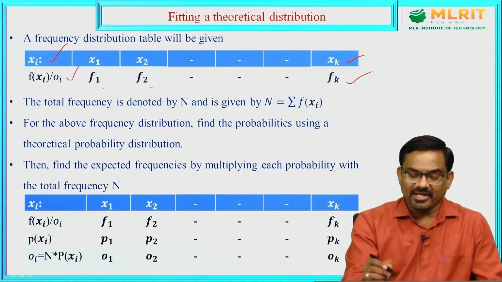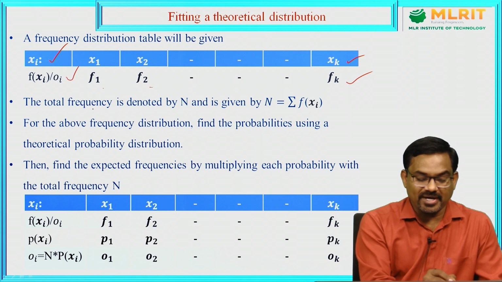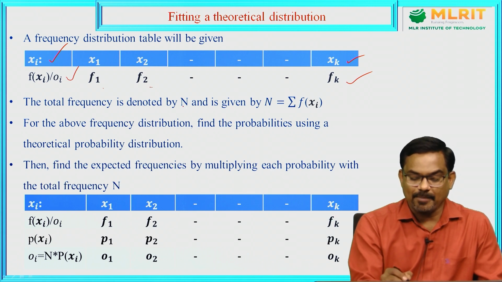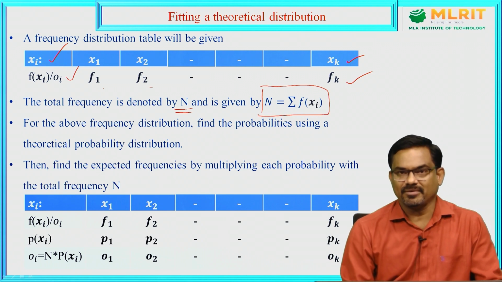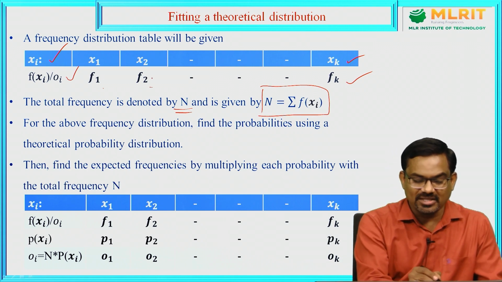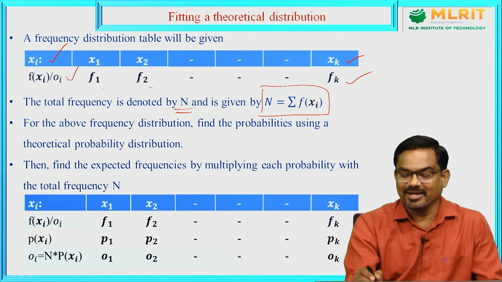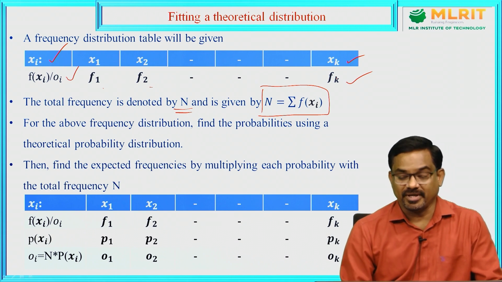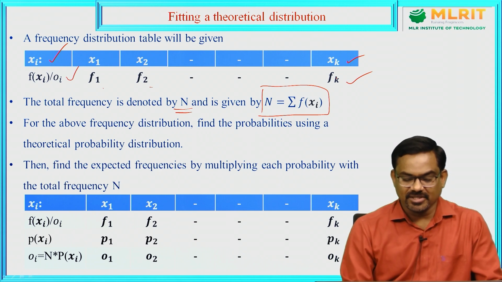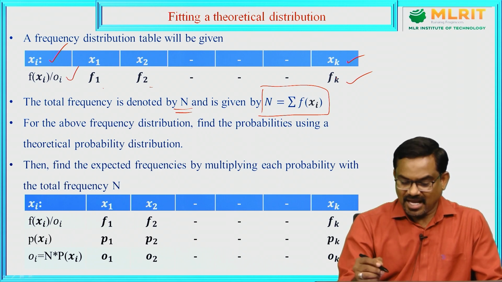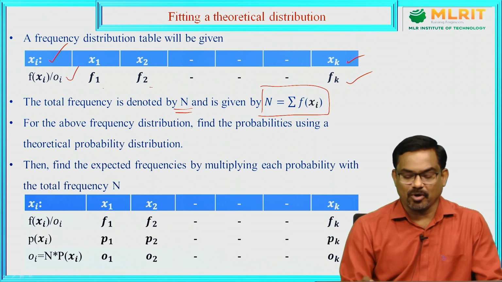To fit a theoretical distribution, first we find the total frequency, denoted by capital N, given by N equals the sum of f of xi. So, let us add all these values, f1 plus f2 plus so on fk, which is the total frequency N. Now, for the above frequency distribution, first calculate the probabilities using a theoretical probability distribution.